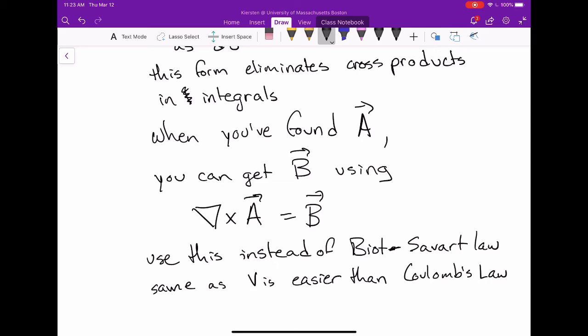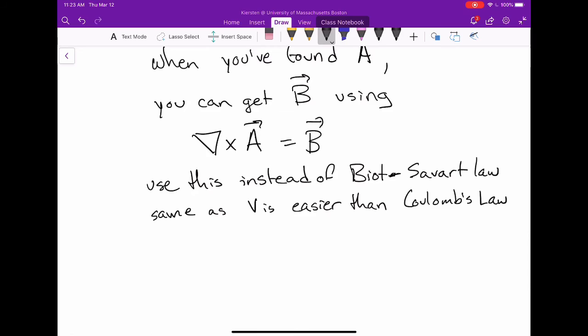And that's pretty much all there is for the vector magnetic potential.